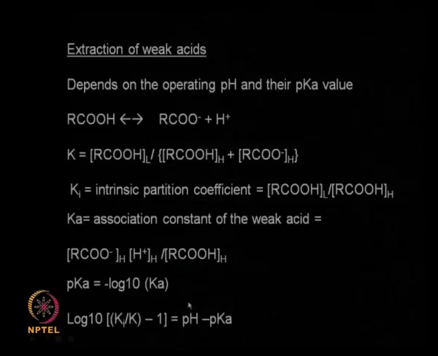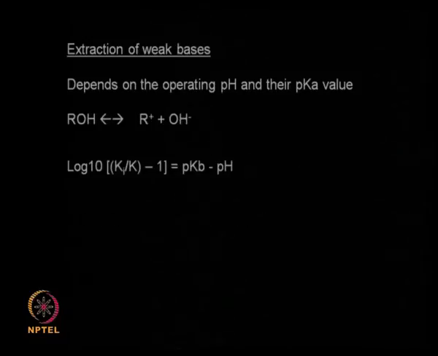So that way pH will have an effect on the dissociation constant as well as on your partition coefficient. Similarly for weak bases also, as you know weak bases end up with the hydroxyl ion, and instead of pKa here you are going to have pKb. So this is how the equation looks like, where the pH has an effect on the partition coefficient.